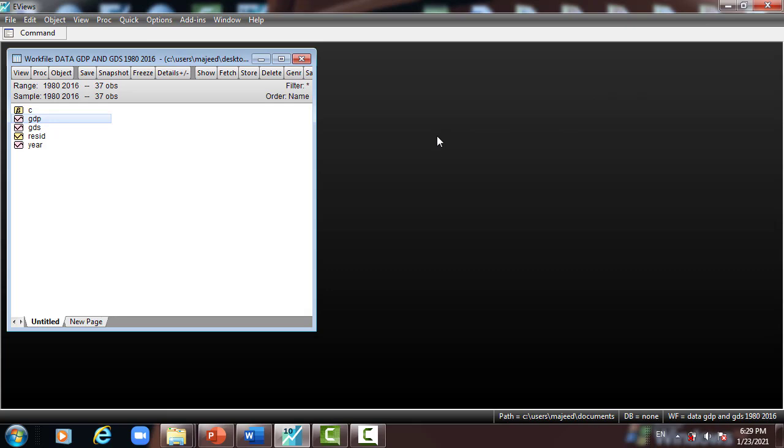Now, after we test unit root, the second part is to test cointegration.